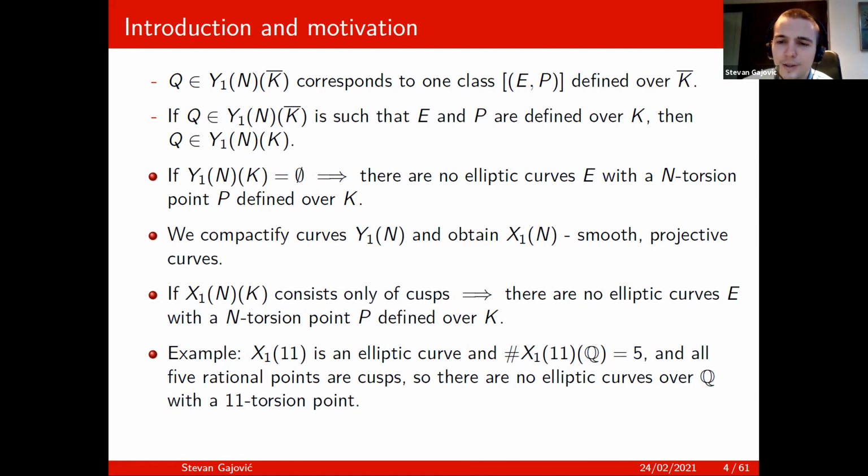But this was one motivation why we want to study rational points on curves, because we can parameterize some important objects from other areas, and by determining rational points we can reach some very good conclusions. For example, here it was used to describe possible n-torsion points on elliptic curves. And we will see soon some other examples.